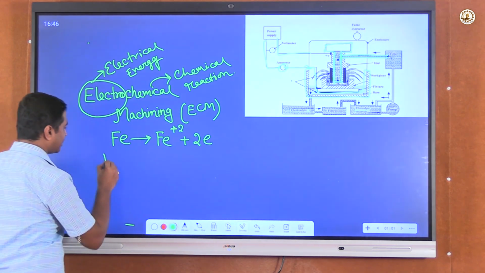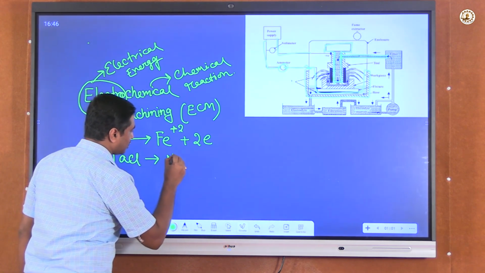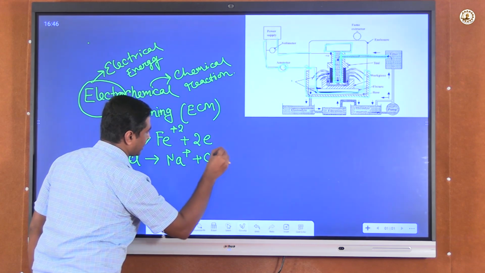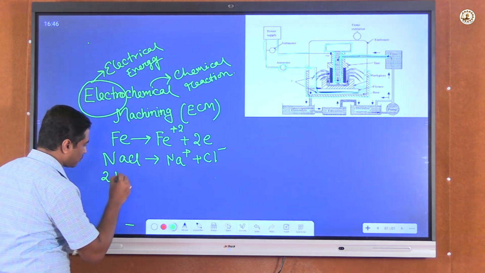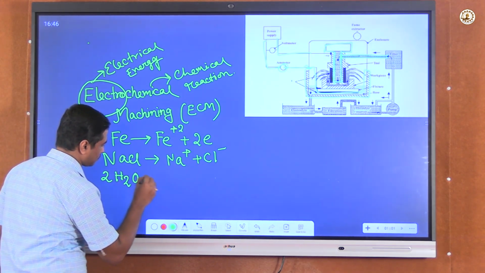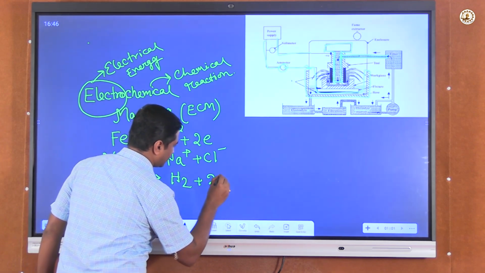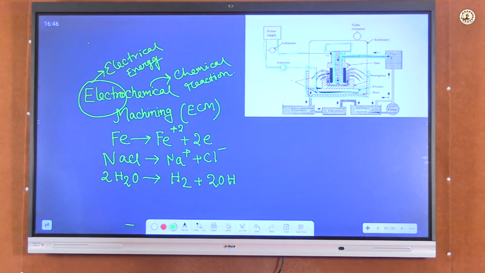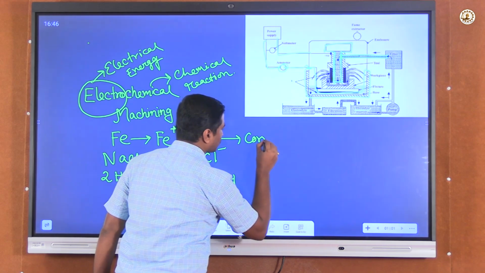And if the electrolytic solution is NaCl, it gives Na+ and Cl-. Obviously some water is also available, that is 2H2O, giving H2 plus 2OH-. Now this is basically a corrosion reaction.